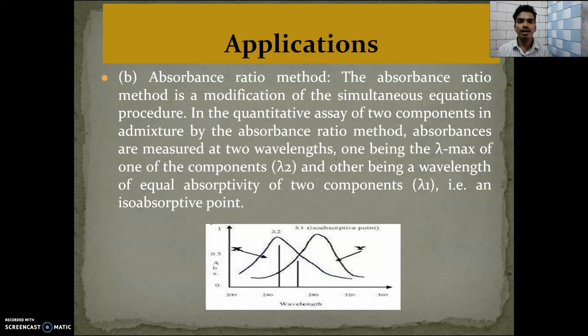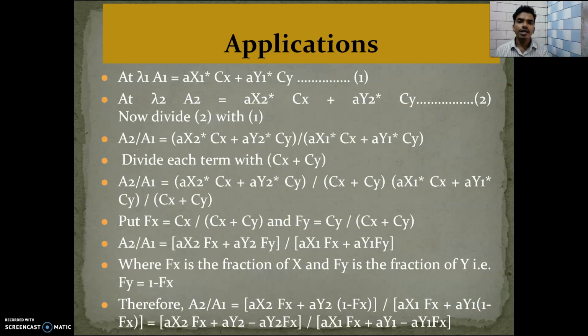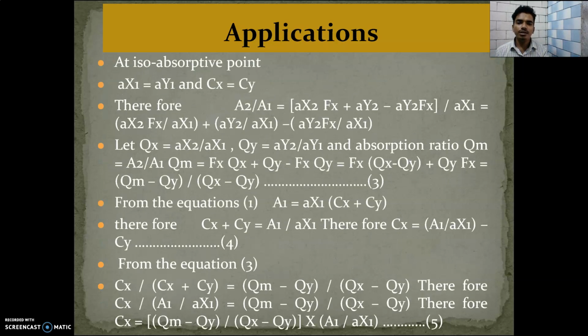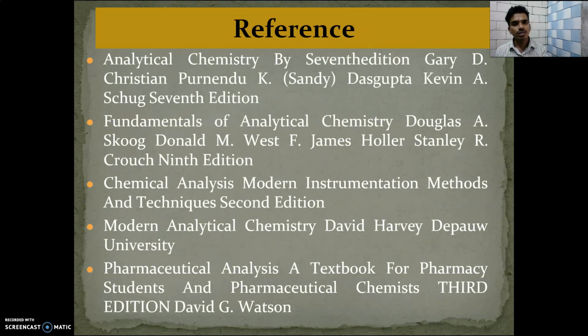Absorbances are measured at the wavelength of lambda max of one of the components, and at the other wavelength, where the absorptivity of the two components is equal, that is the isoabsorptive point. These isoabsorptive values are collected from this graph, and we put the values into the equation, and after solving all these equations we will get the concentration from the absorbance.